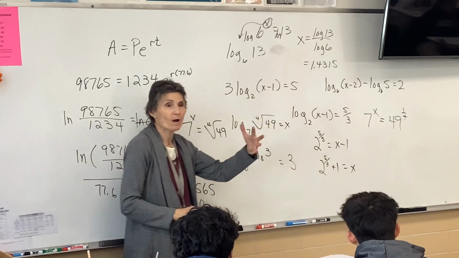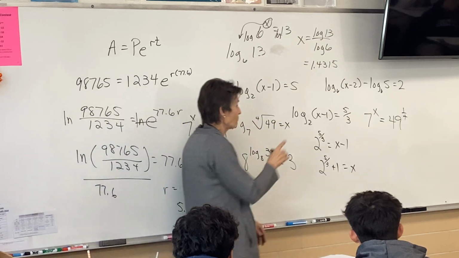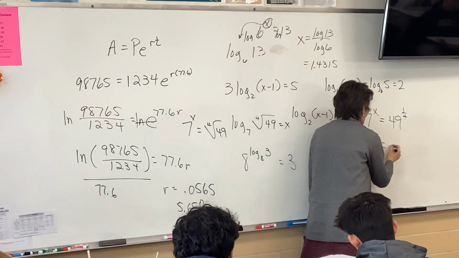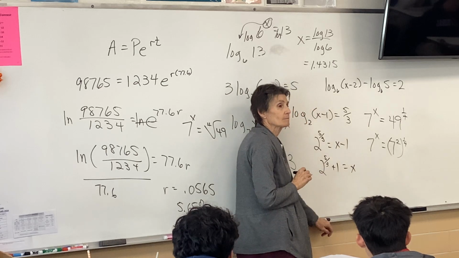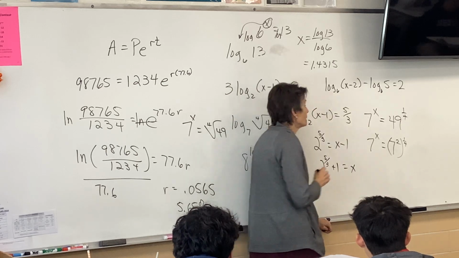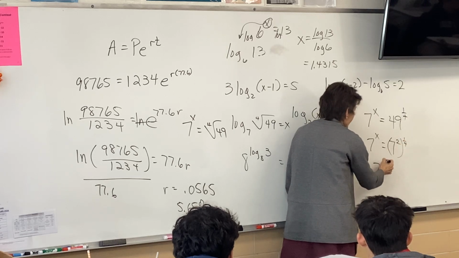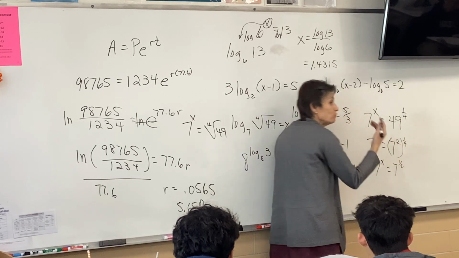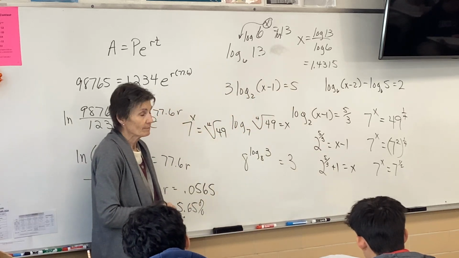Guys, radicals are fractional exponents. But 49 is 7 squared. Remember you multiply those. So 7 to the x equals 7 to the 1/2, 2/4, 1/2. So x equals 1/2.